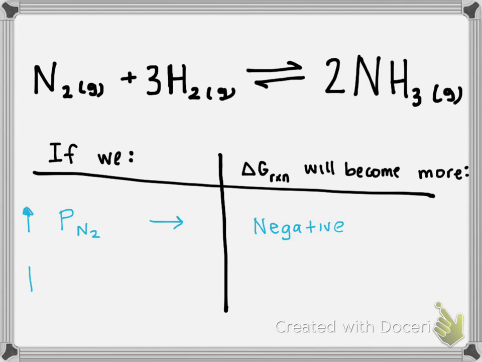And if we instead decreased the partial pressure of hydrogen, we'd be removing a reactant, and so the reaction would shift backwards to make up for that loss. And so now it's non-spontaneous in the forward direction. It's trying to go backwards, so this delta G reaction would become positive.